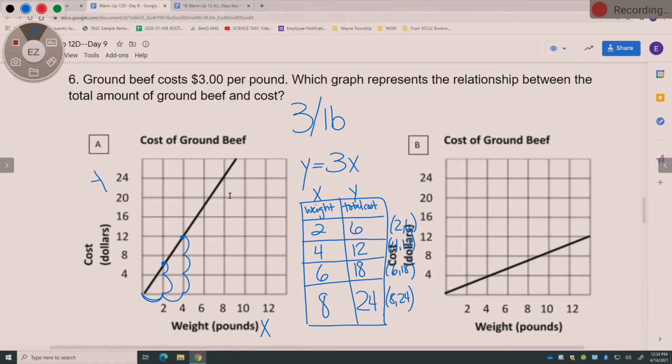I think we've got a winner. 6 pounds, 18, and 8 pounds, 24. So, all 4 of these points are on this chart.